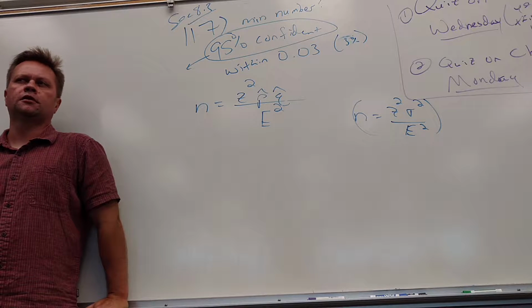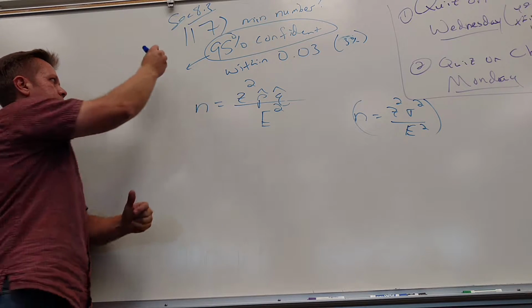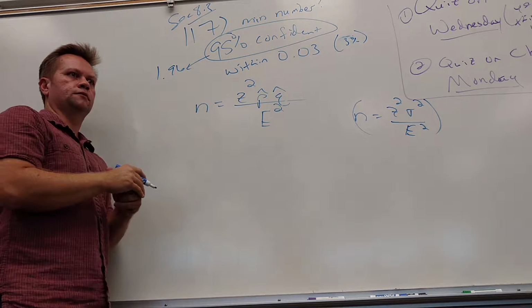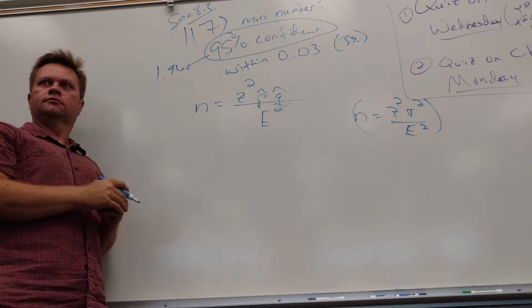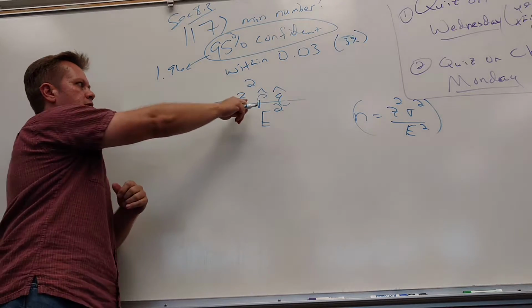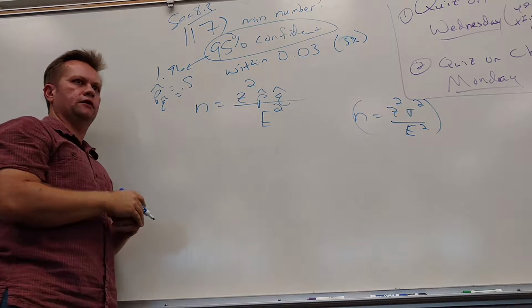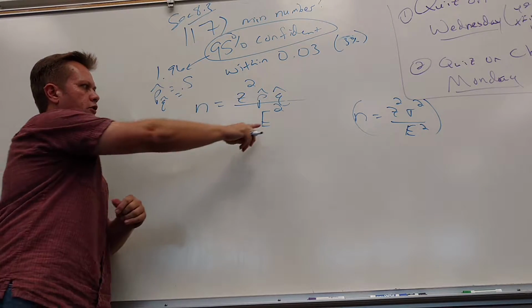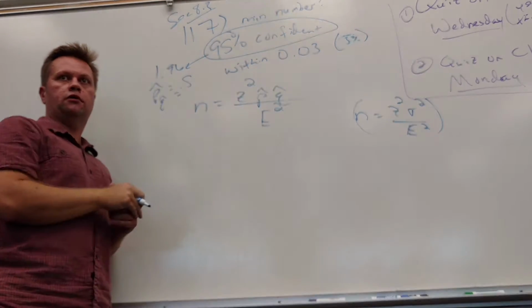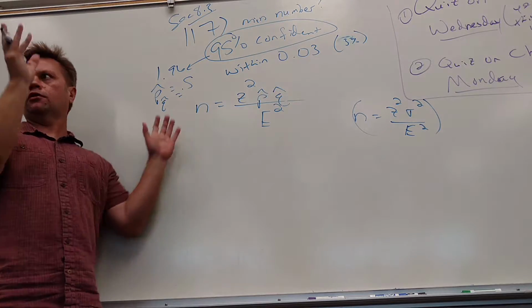I heard 1.96. So you throw that in there. We assume that p hat is 0.5, so q hat is also 0.5. And you know the error is 0.03 to get within 3%. So you just have to plug and check.